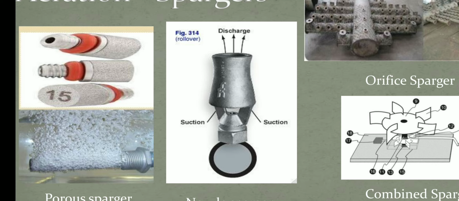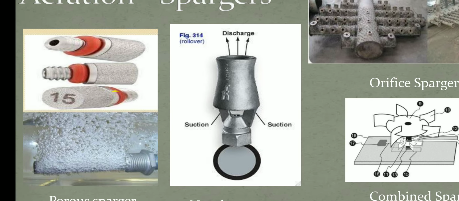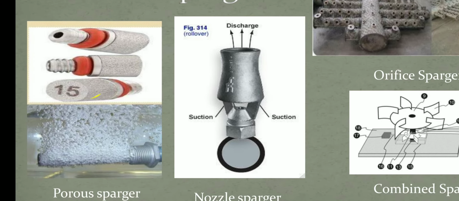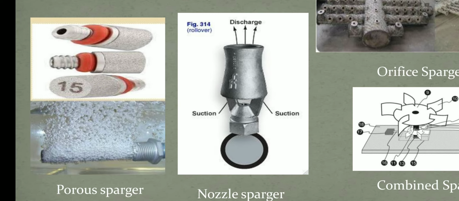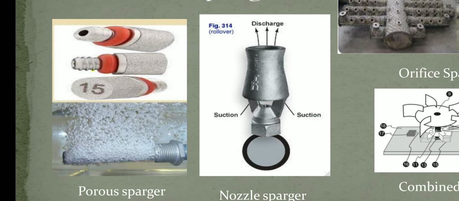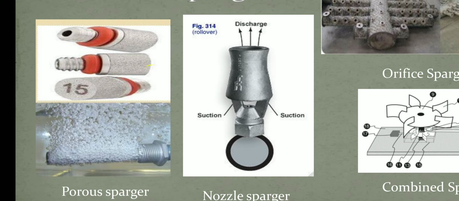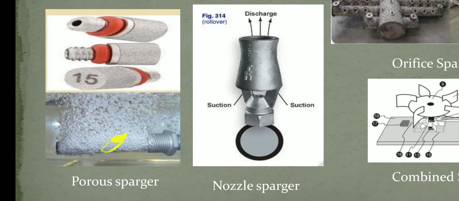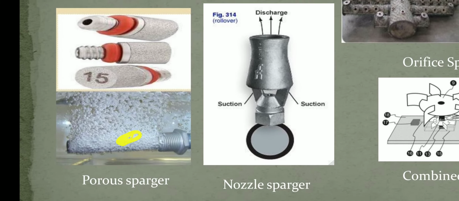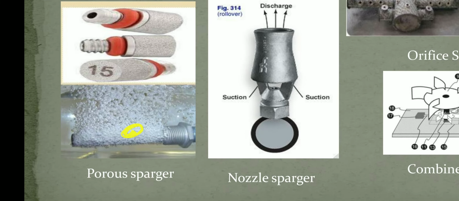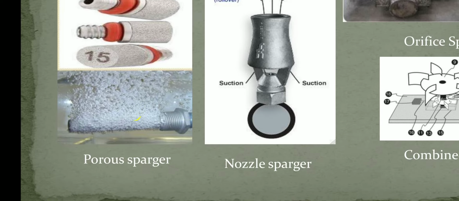You can see here they have many pores. When the sterile air is supplied through this pipe, through these pores the oxygen is splashed into the fermenter tank. You can see how the air is being splashed into the fermenter tank, which is creating the air bubbles.